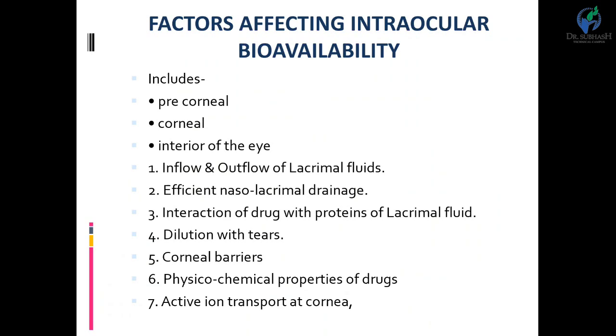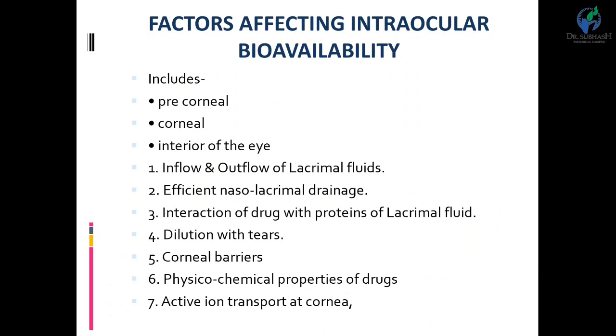Which factors affect intraocular permeability and penetration, ultimately the bioavailability? They majorly include the precorneal, corneal and interior parts of the eye. We have to consider the inflow and outflow of lacrimal fluid, the efficiency of nasolacrimal drainage, dilution with tear, and corneal barriers, the three layers.